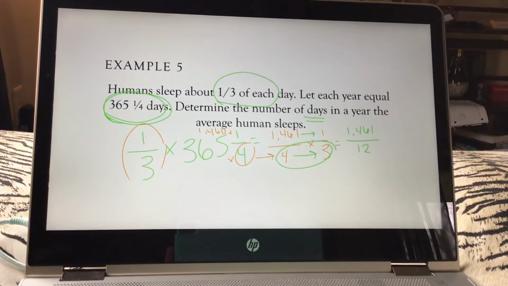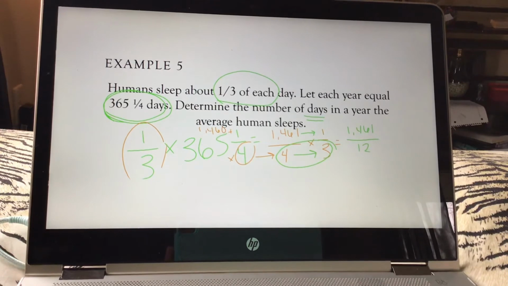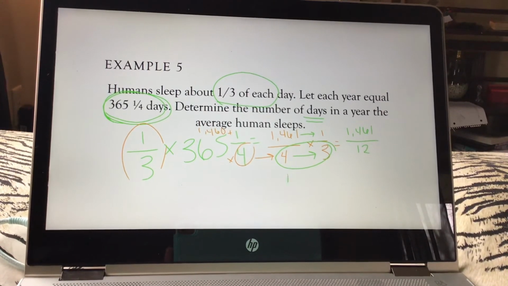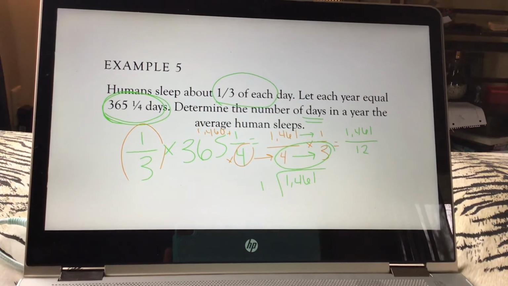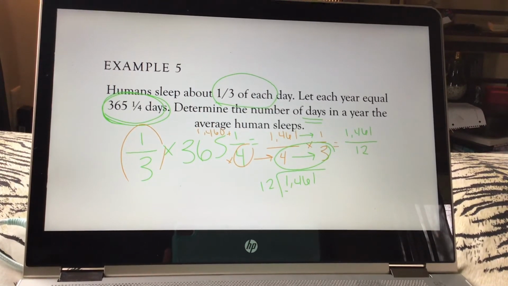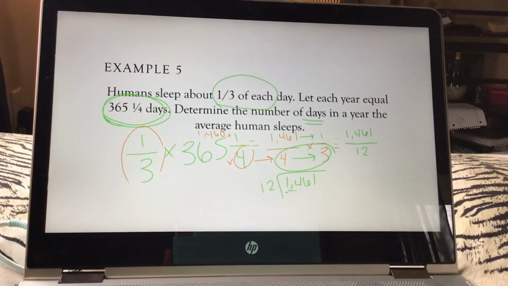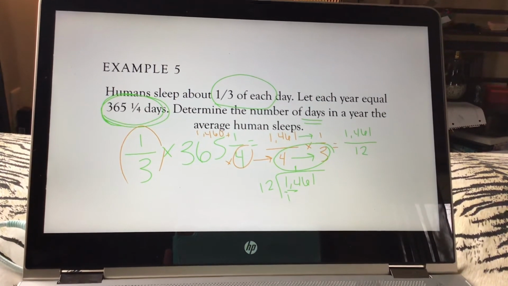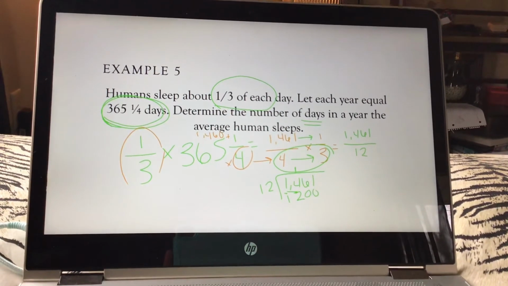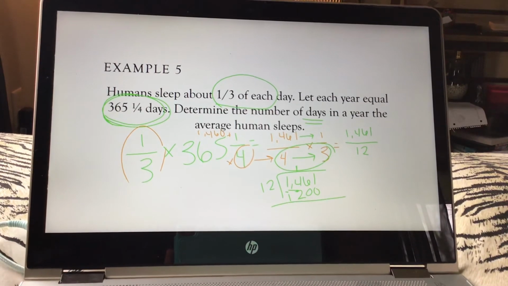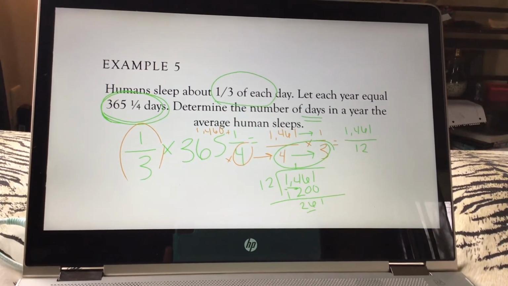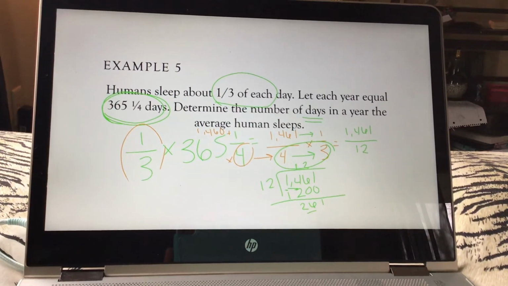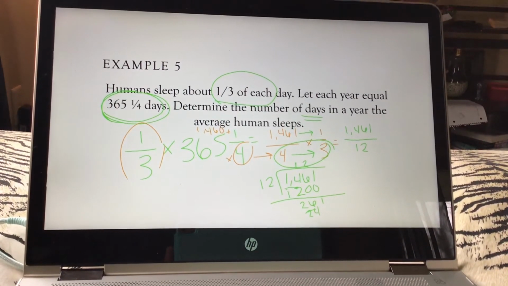So we have 1,461, and we can divide by 12. How many 12s can go in this one spot? None. How many can go into 14? 1. So we take 12, subtract, we're left with 261. How many 12s can go into 26? 2, because that would be 24.